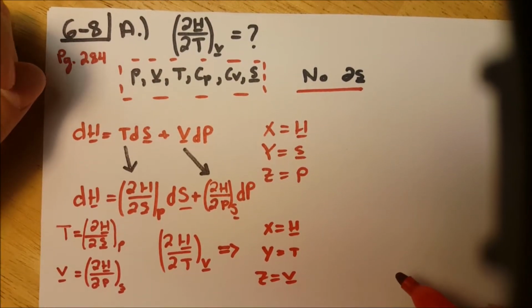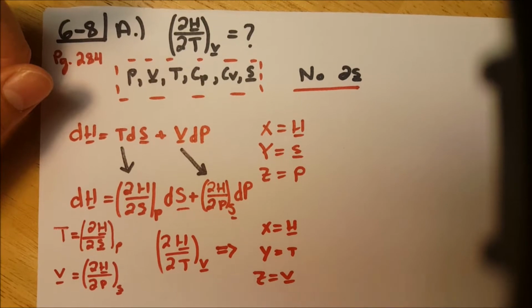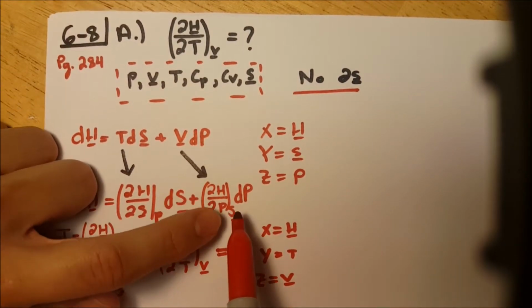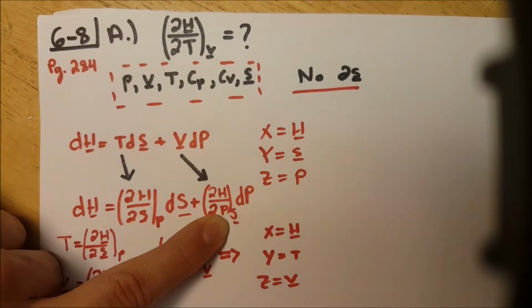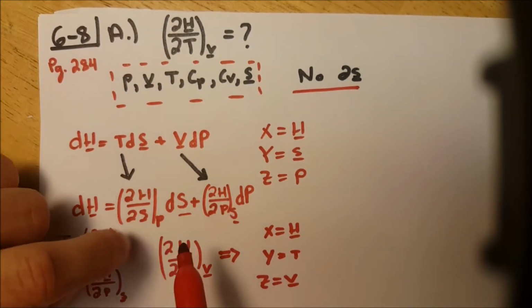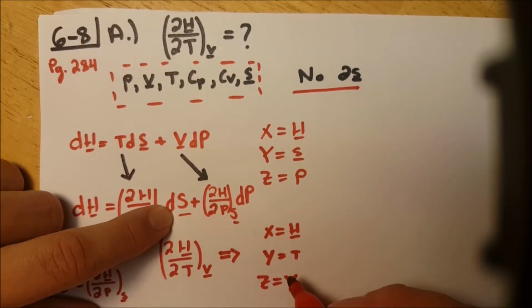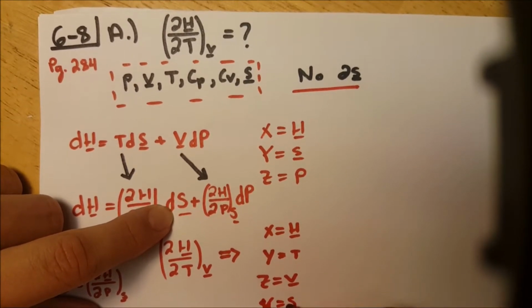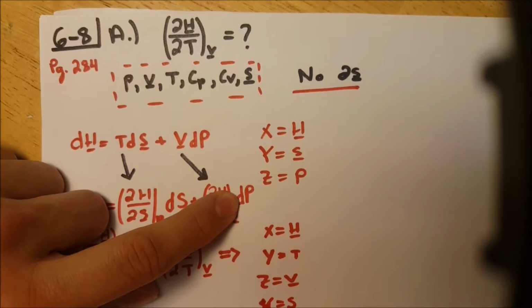So what's our k and l? Well, because we want these terms to be forced into our equation, we're going to make S our k and P our l.